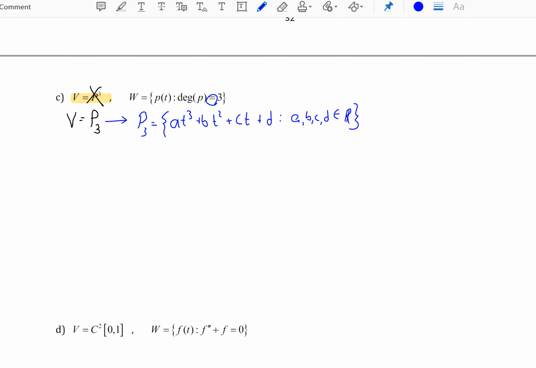However, W are only those elements where the degree is always 3. So we're still saying if we require the degree always be 3, not less than or equal to 3, will this still be a vector space?